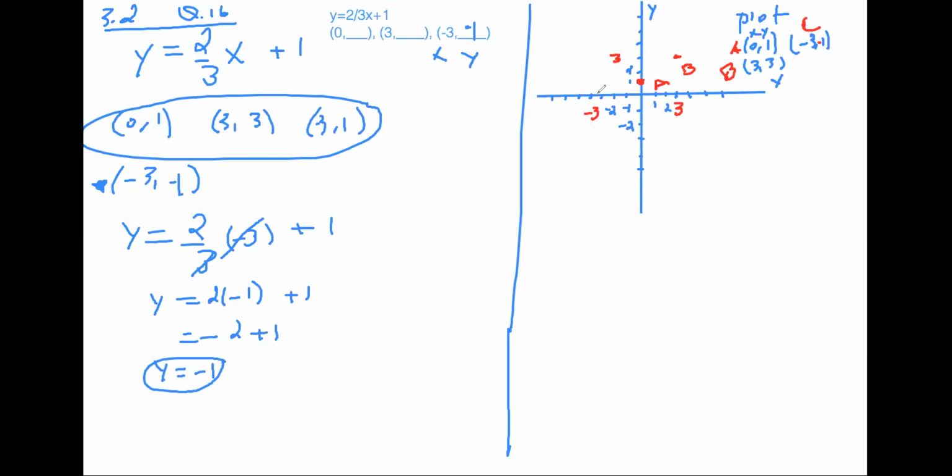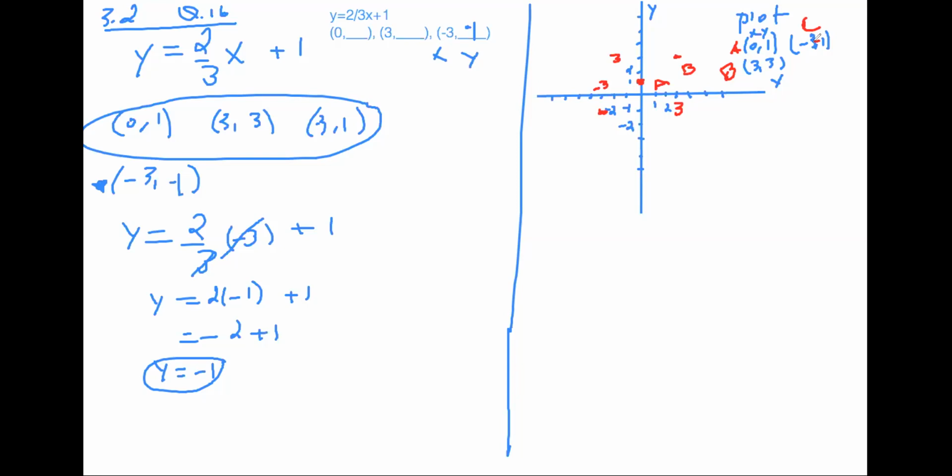And we go where? Down 1. Down once, because this is -1. Okay, so the point is here. So let me just write this. So -3 is here. So we start from here, go down once.